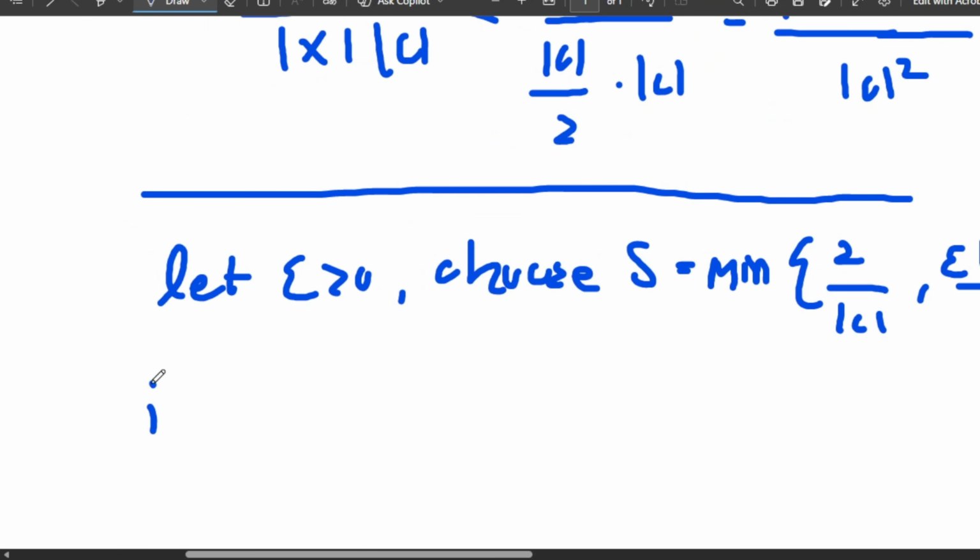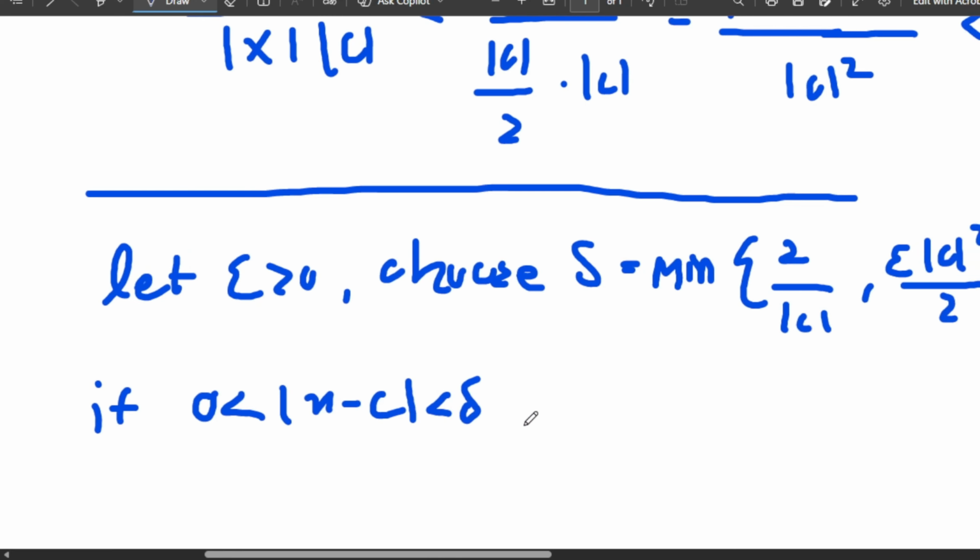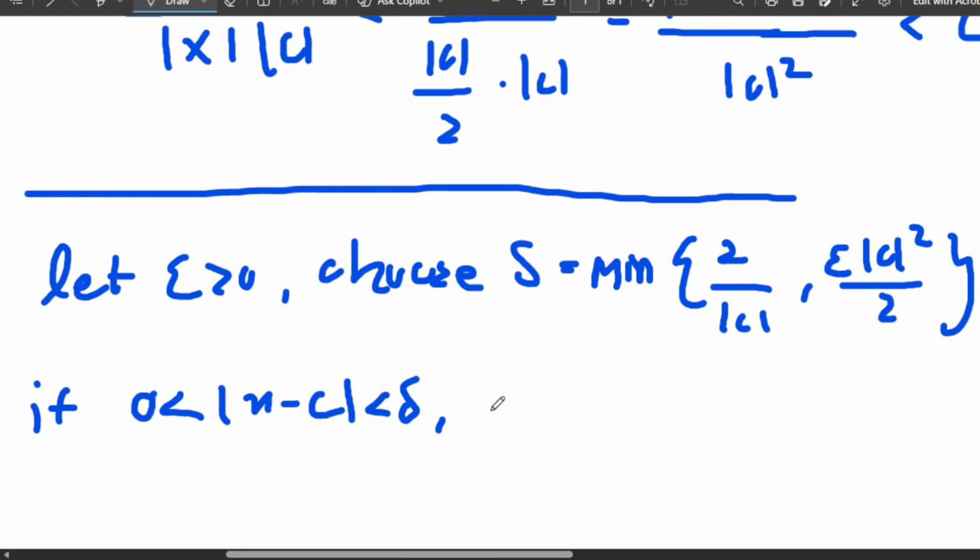Now if the distance is strictly less than delta but greater than 0, we know two facts.